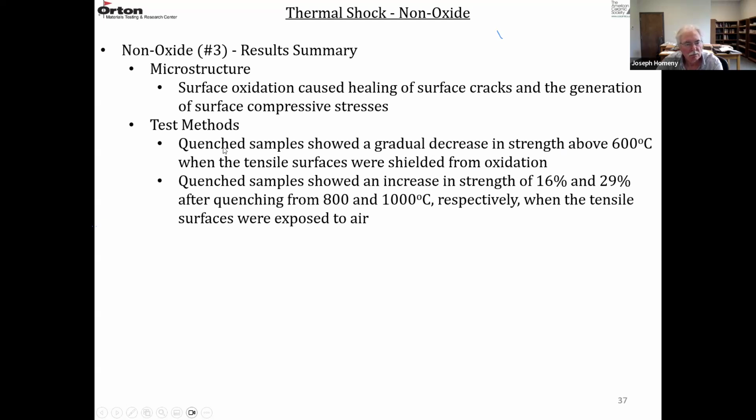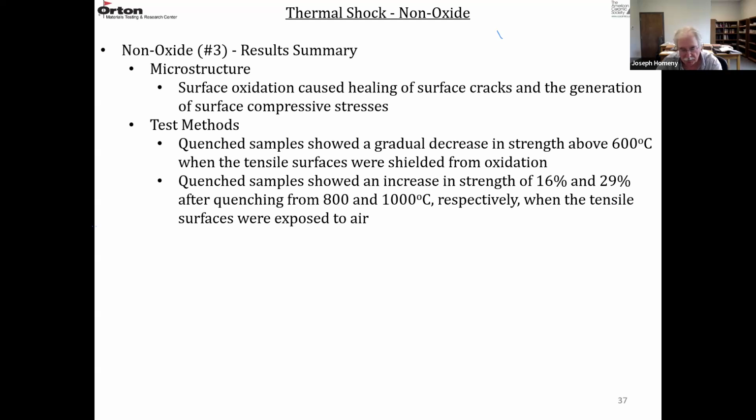So silicon nitride, unoxidized, showed this quasi-static gradual decrease in strength. The quench samples showed an increase in strength, and we saw a 16% and 29% at 800 and 1,000 degrees C when the sample was exposed to air and allowed to oxidize.